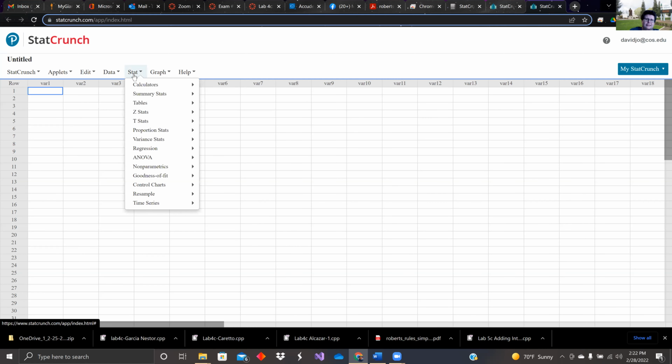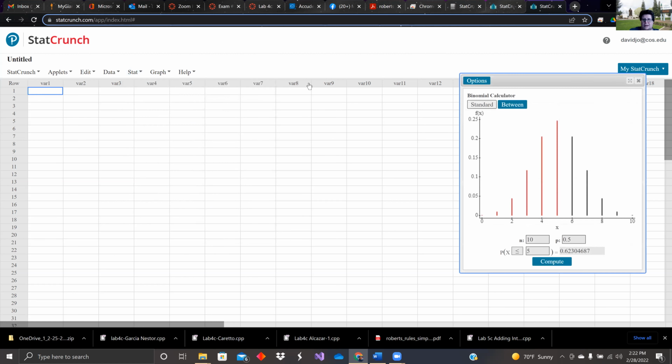And so we've got stats, calculators, binomials right near the top. So far, we've used custom and we've used binomial right now. The next one will be the Poisson distribution. We'll be doing that today, and I hope we get on to the normal distribution today. Look at binomial.